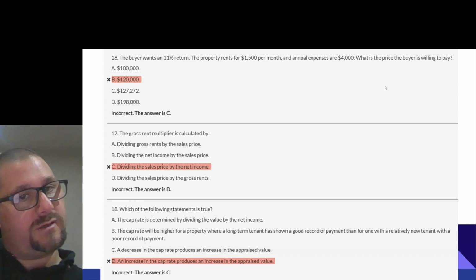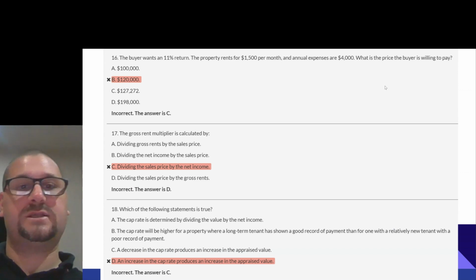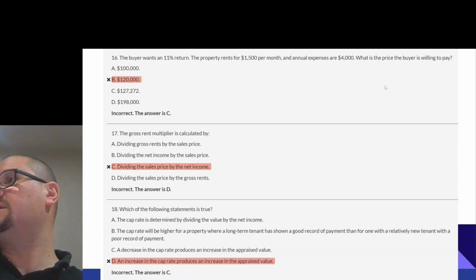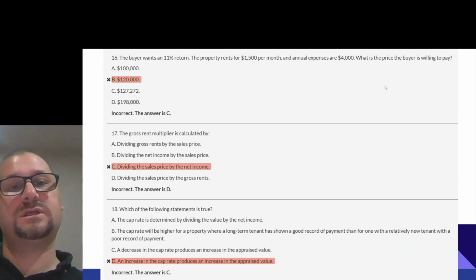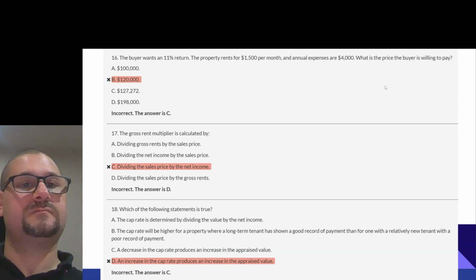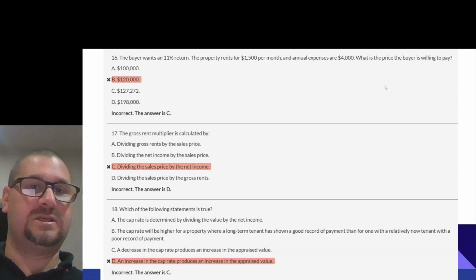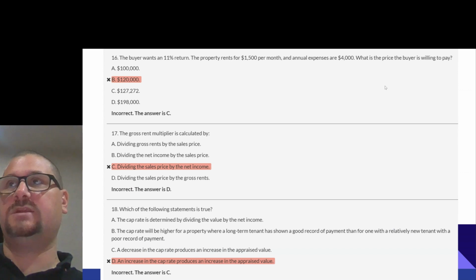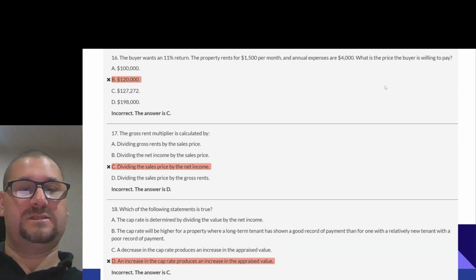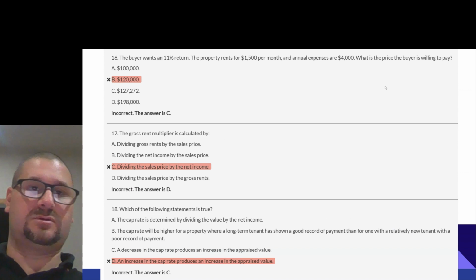GRM, gross rent multiplier: divide the sales price by the gross rent. So do you divide the gross rent by the sale price? No. Divide the rent income by the sale price? No. Divide the sale price by the net income? No. You divide the sale price by the gross rent to get the gross rent multiplier.